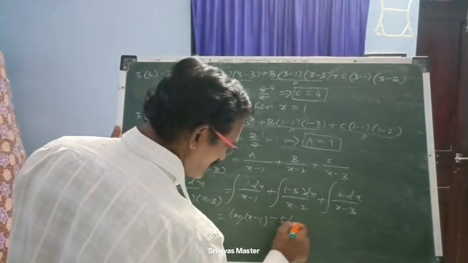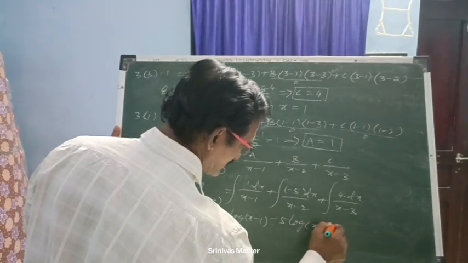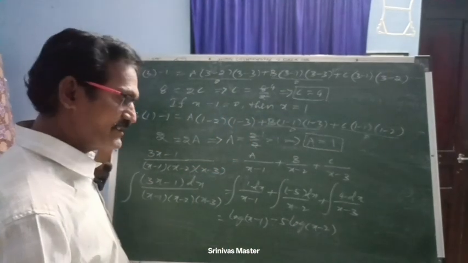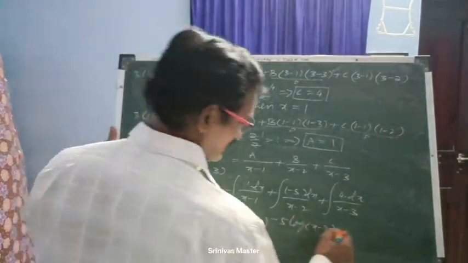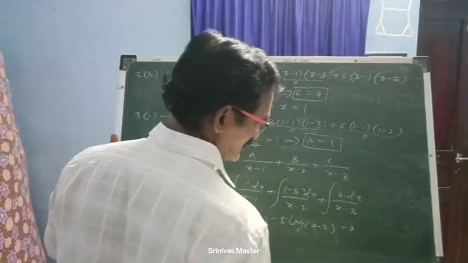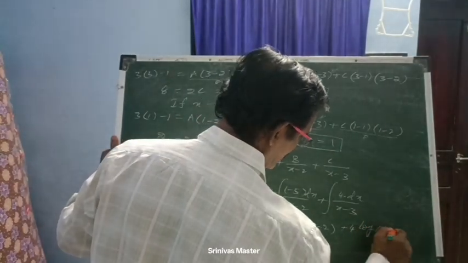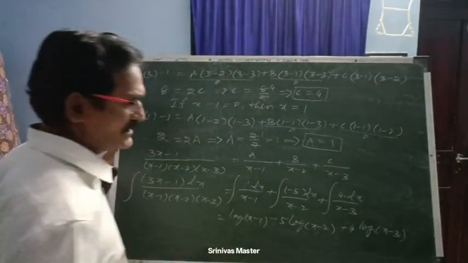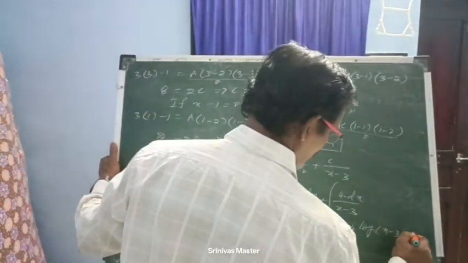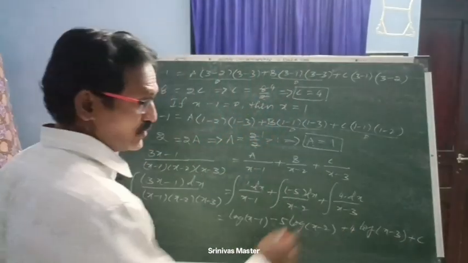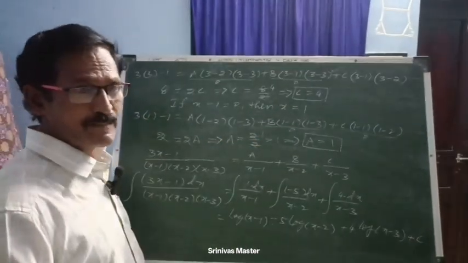That means minus 5 log mod x minus 2, plus 4 by x minus 3. Take 4 out, then 4 log mod x minus 3. Completed everything of the integration, no? Then what do you have to take at last? Plus c. Don't forget to keep the c because this is the indefinite integration.